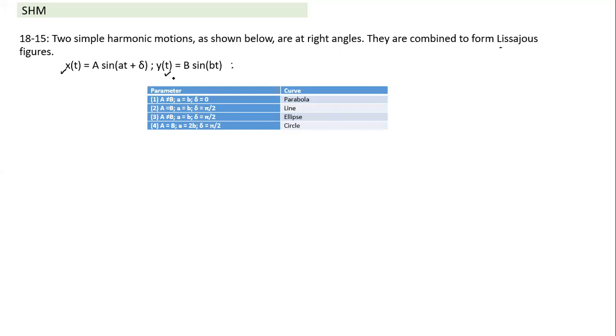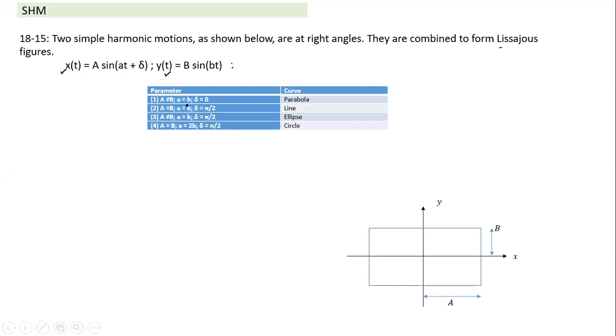I can solve mathematically, since from each one you can get an equation and easily eliminate t to get the equation. So that is not a problem. Mathematically you can solve. But let me also understand how to visualize this kind of motion. The particle is having SHM along the x-axis with amplitude A, so its x coordinate is confined between these two vertical lines.